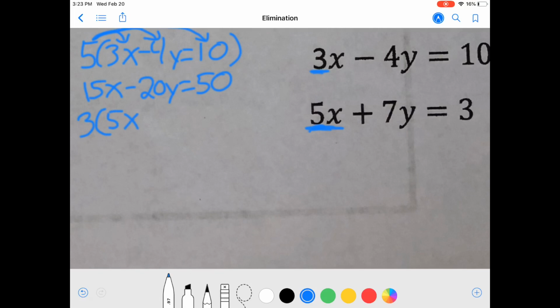So 5x plus 7y equals 3. 3 times 5x gives me 15x. 3 times 7y gives me +21y. And 3 times 3 gives me 9.